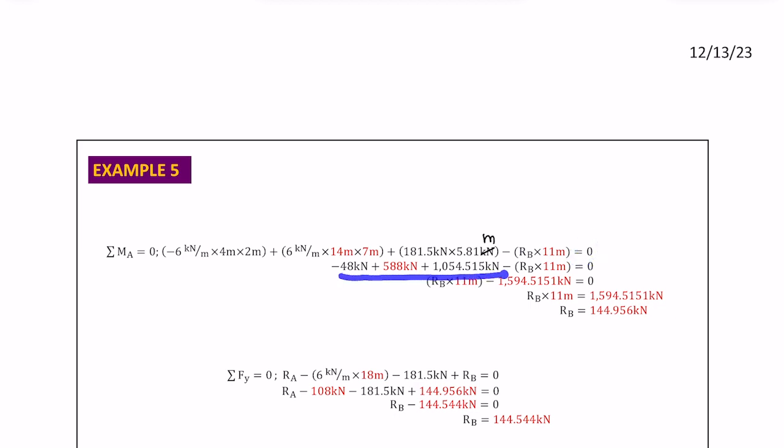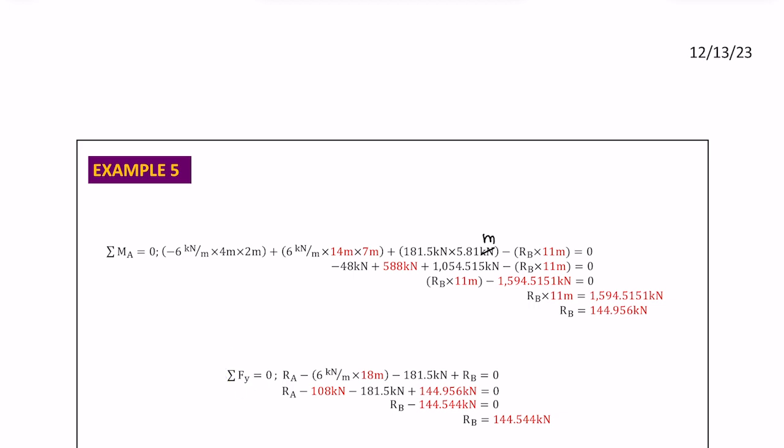Then you can solve this and you will get RB equal to 144.956 kilonewton.